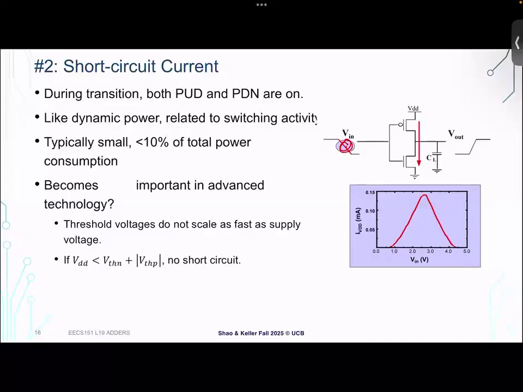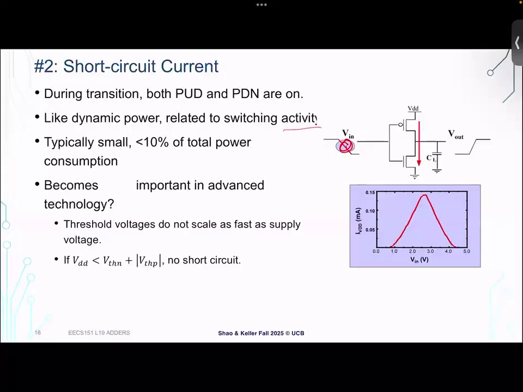Well, in that case, it may just be the case that the input voltage of both your NMOS and your PMOS is exceeding the threshold. And so there's going to be a brief time where your pull-up network and pull-down network are both on, right? So this is also related to switching activity because it only happens when you have a transition.